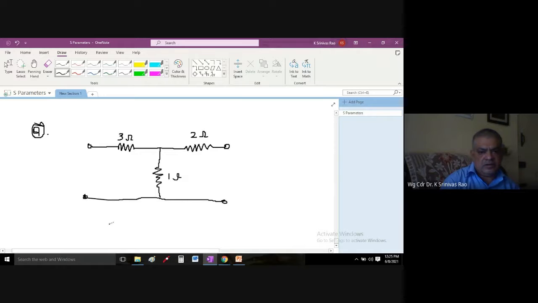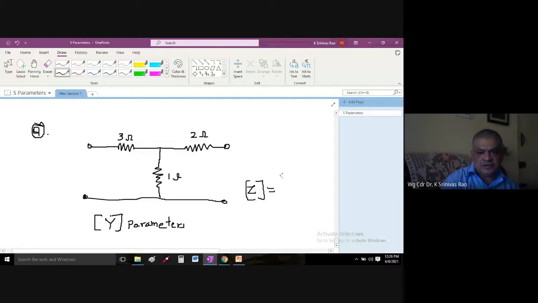Now calculate the Y parameters. For a given Z network, calculate Y parameters. How will you do that? First obtain the Z parameters. Once you obtain the Z parameters, take the inverse. That's all. Everyone try this. Simple.